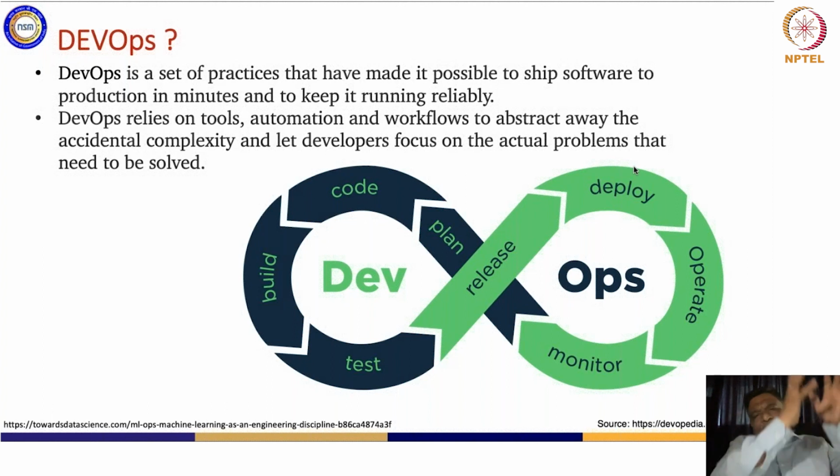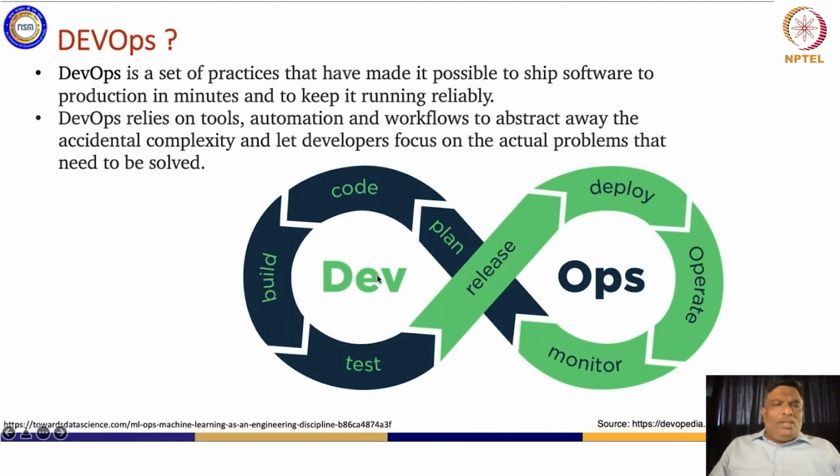One is the development of your software and another one is the operation of what you are going to maintain. So there are two different aspects, development and operations. When you mix both of them, it becomes DevOps. So if you develop a software, once you develop it, it has to be operational. And that is what DevOps is.